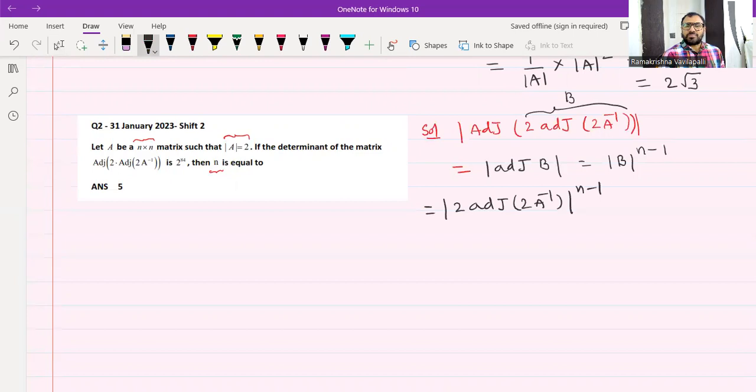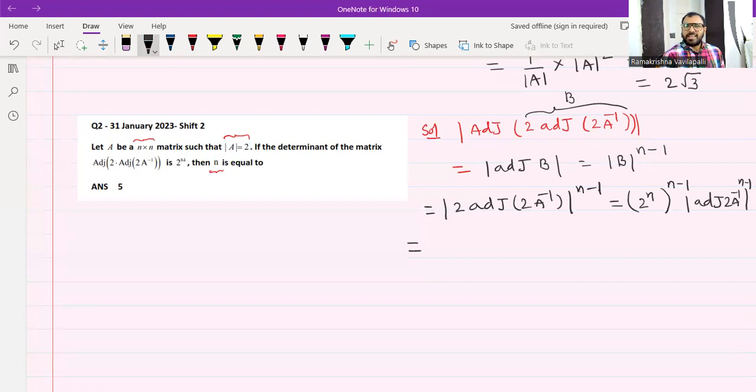Now further, you bring out this 2. A is an n by n matrix, so this is 2 to the power of n, whole to the power of n minus 1, into the determinant of adjoint of 2A inverse, whole to the power of n minus 1.